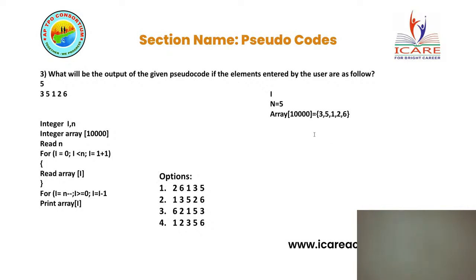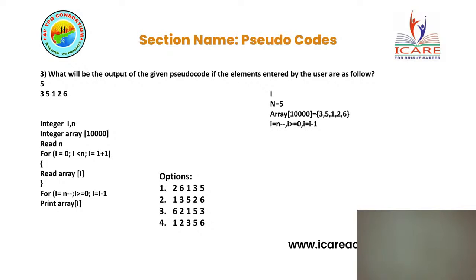So in the second for loop, there is an initialization I is equal to n minus minus, and I greater than or equal to 0, and I is equal to I minus 1, which is the updation. Here we have to carefully observe the pre-increment or post-decrement operator. Sorry, it's not n minus minus.